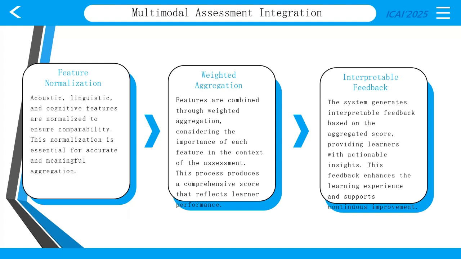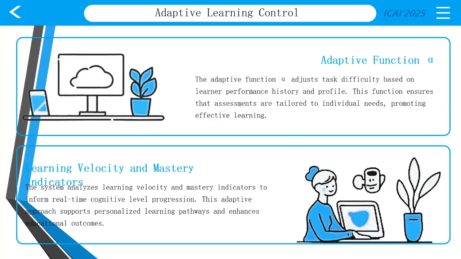And we can generate more and more test units and, for example, learning contents about where the learner failed most. And that's why we made this adaptive function alpha, which adjusts task difficulty based on learner performance history and profile.